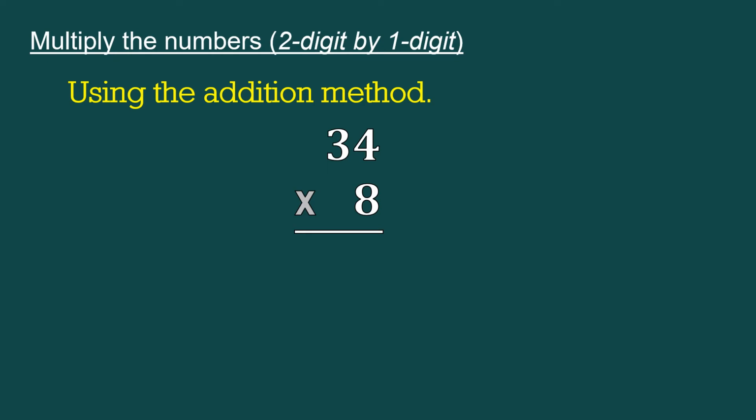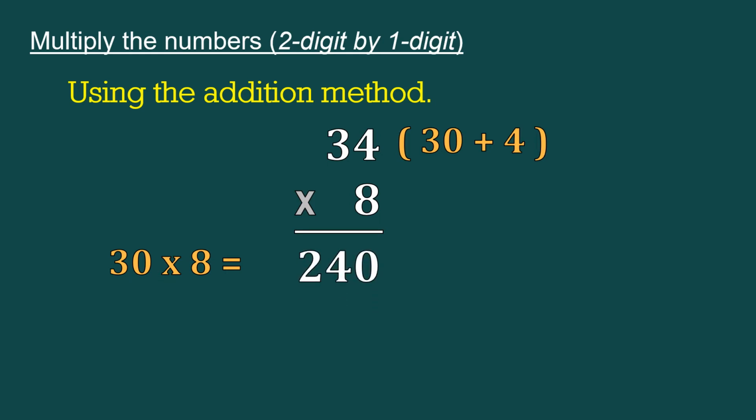Let's solve 34 times 8. We get the expanded form of 34. That is 30 plus 4. We multiply 30 by 8 to make 240 as the partial product.